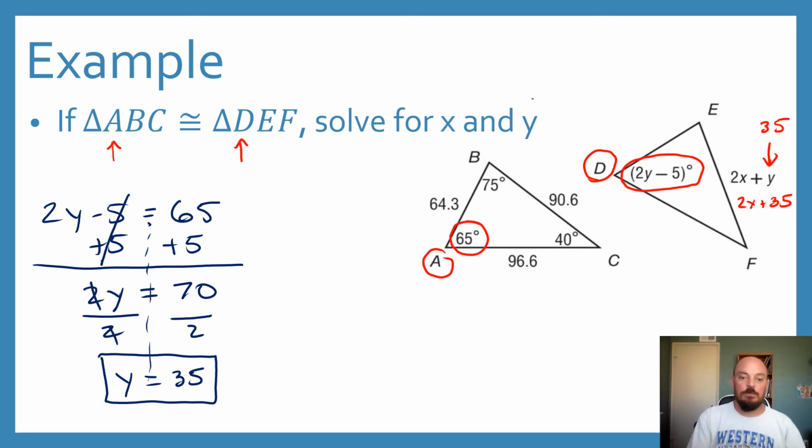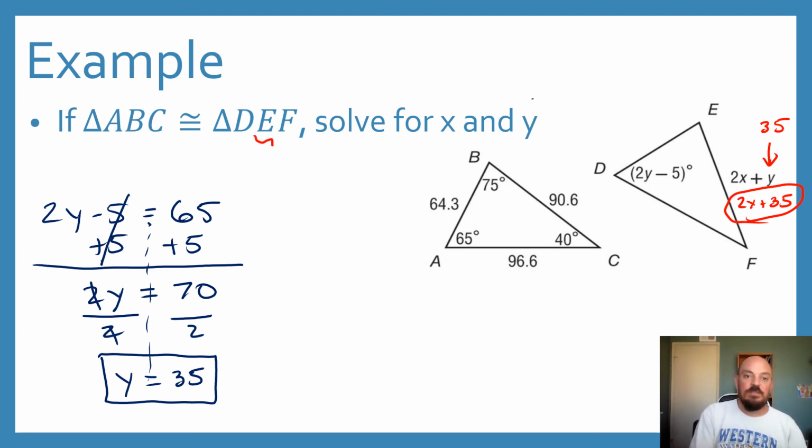And let's go back to our picture. Let's take some of this clutter out here. Go back to a blank picture here. And if I want to use the side 2x plus 35, that's line segment EF. Now line segment EF is the last two letters in this triangle here, which means it matches up with the last two letters in this one here.